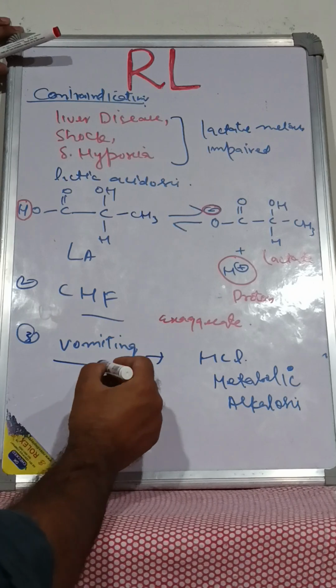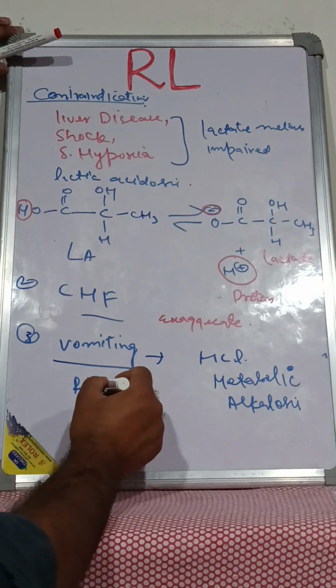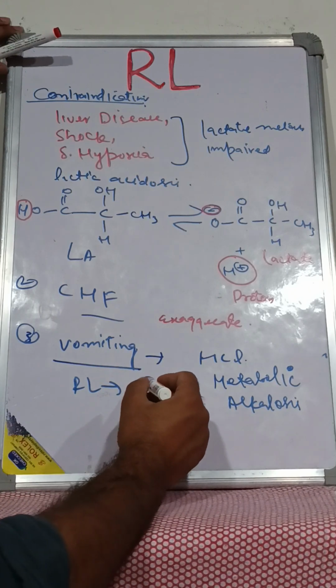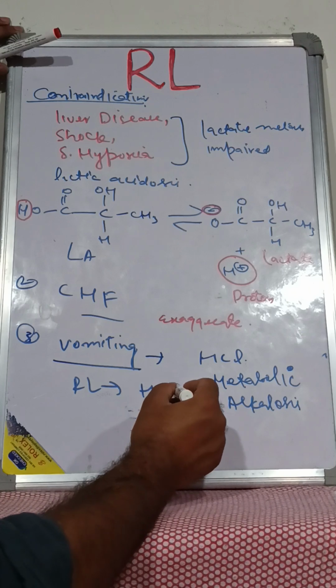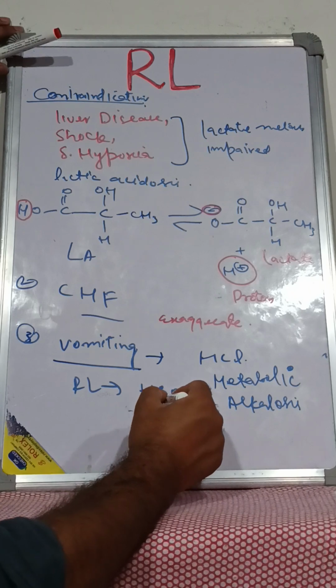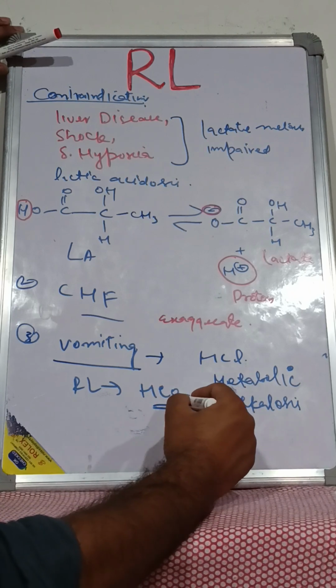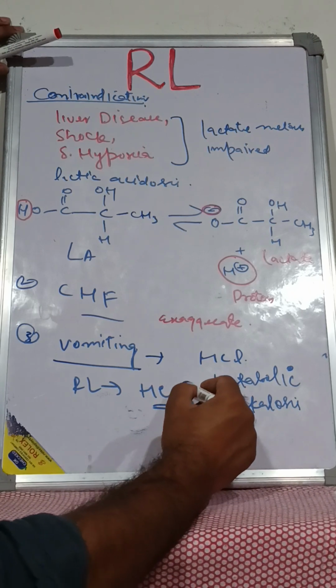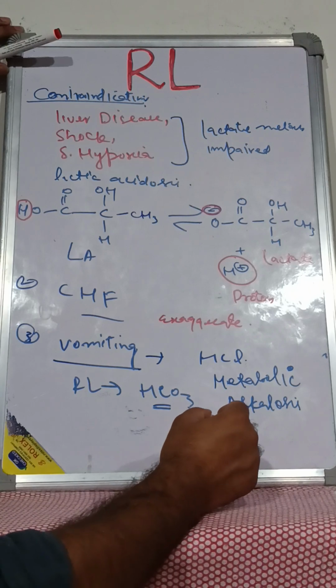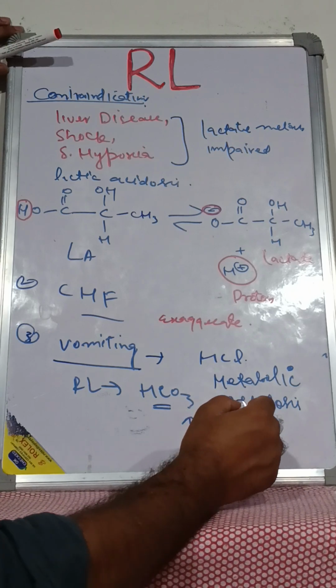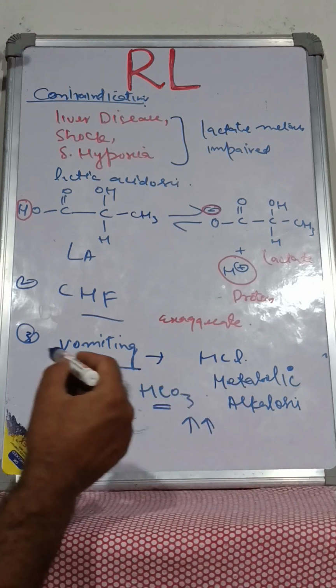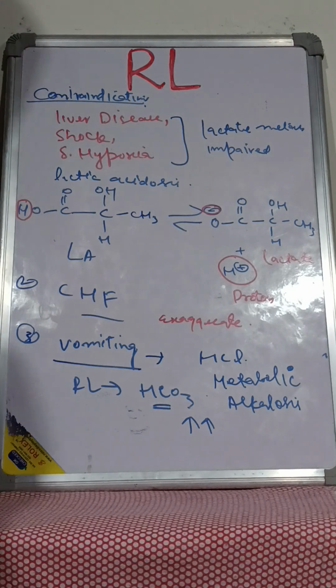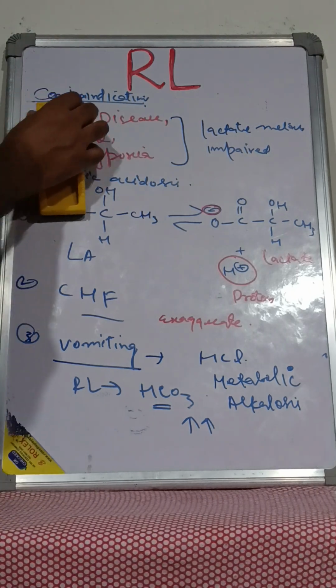When you give such a patient RL, since RL will supply bicarbonate after lactate gets metabolized in the liver, bicarbonate is produced. That means you are increasing the bicarbonate in such a patient, so metabolic alkalosis will get exaggerated. So vomiting is also a contraindication.